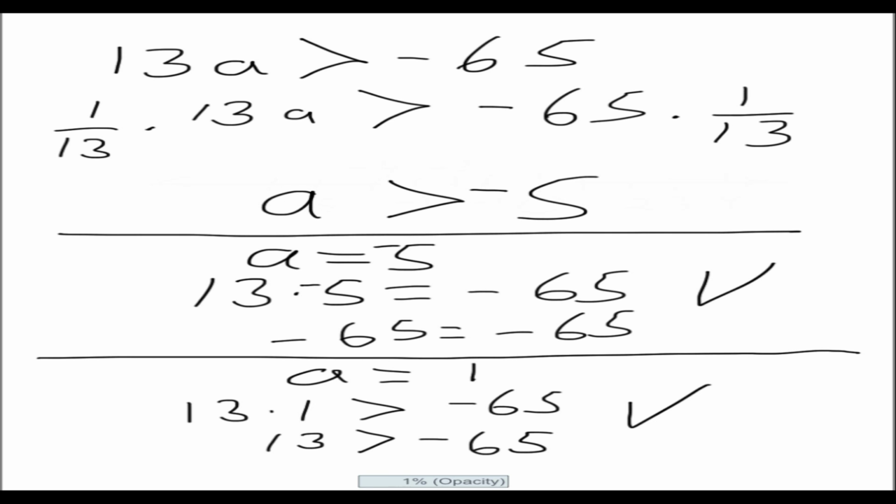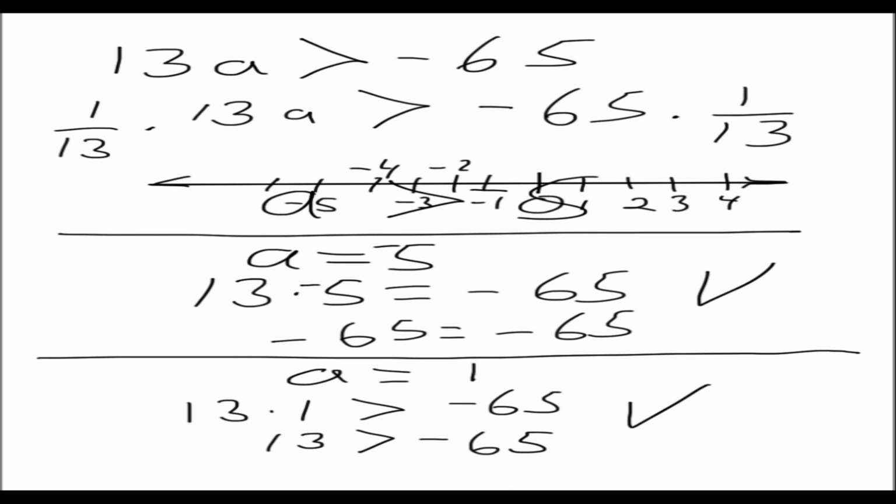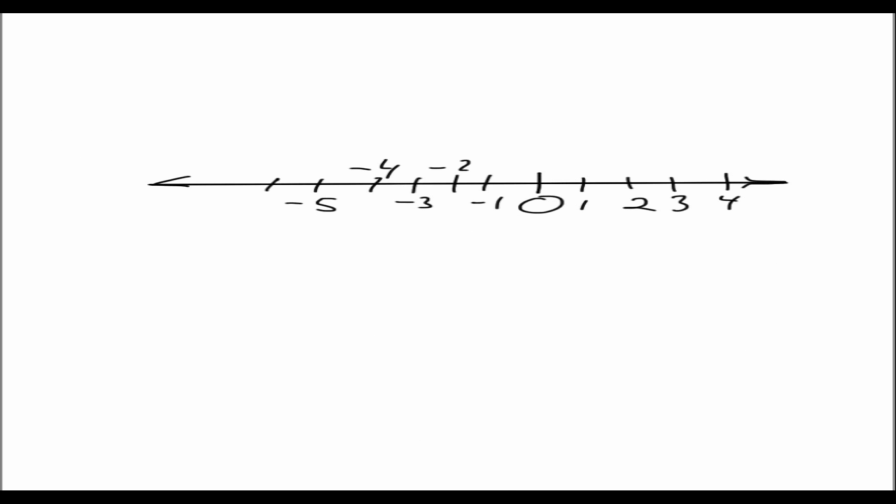So what that means when I'm graphing this is what I'm going to put at my boundary point is a circle right here to indicate that I'm beginning at -5. That's an endpoint, but -5 is not part of the solution. And since it was any value greater than that, I'm going to indicate this way that here is my solution set.